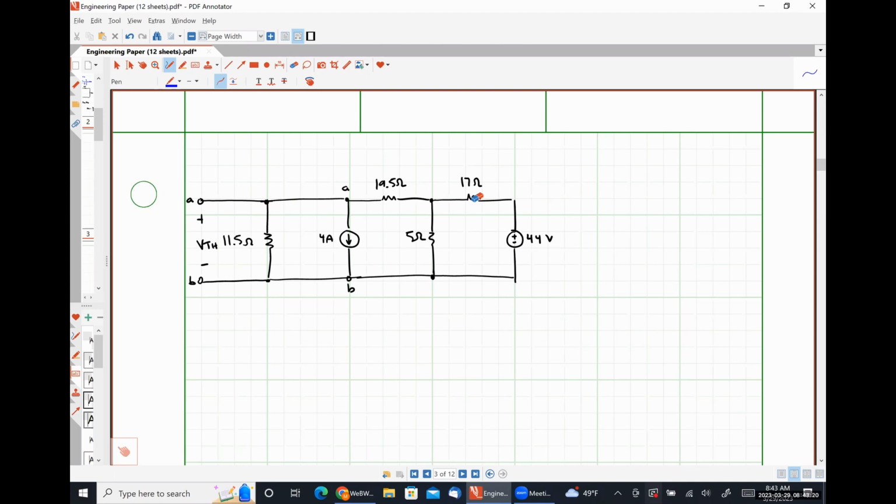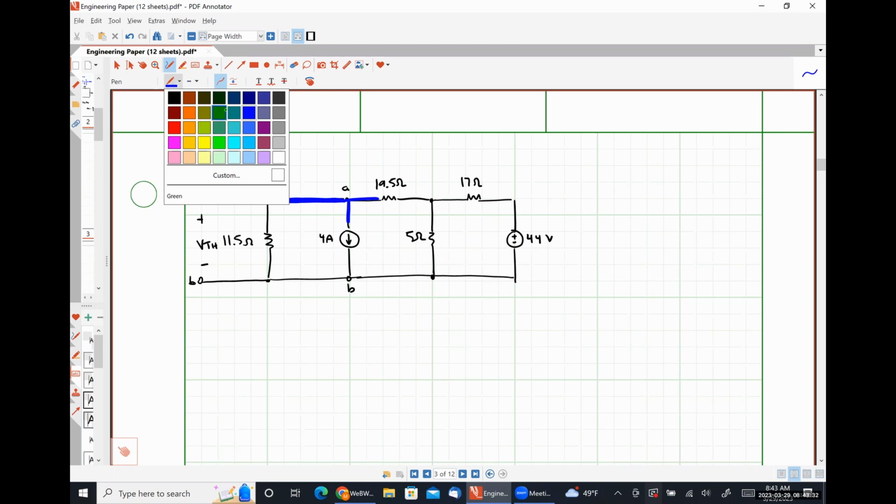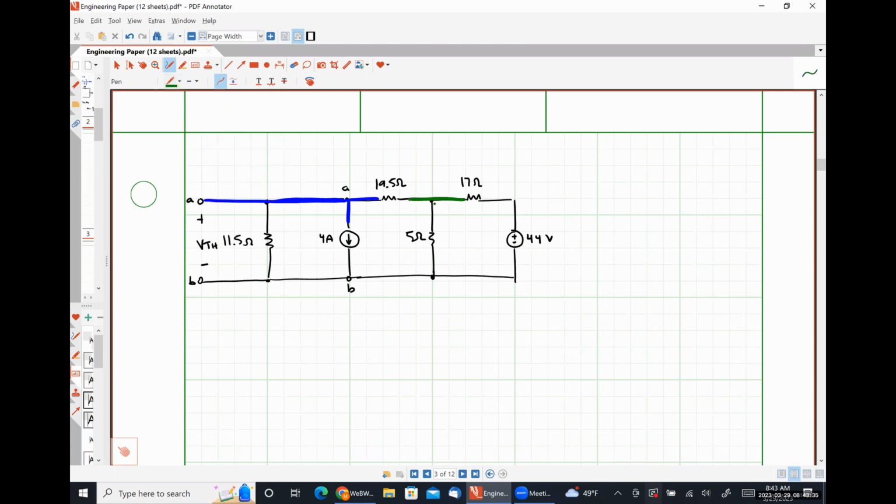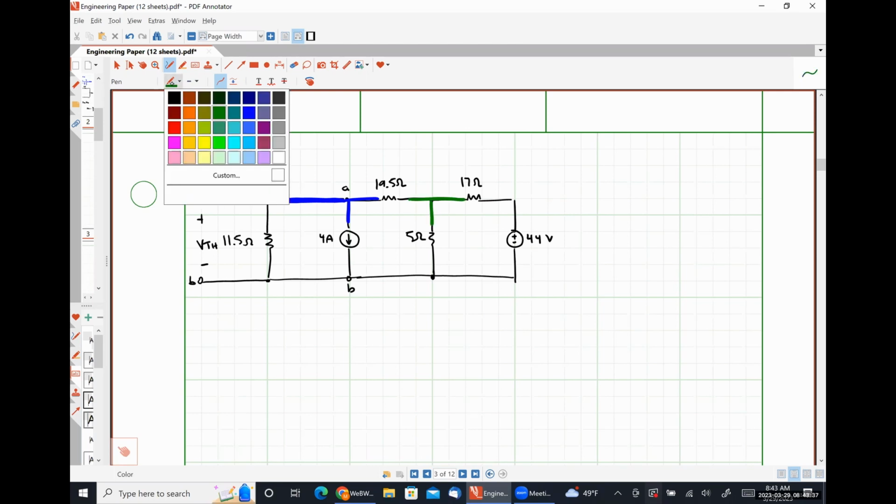So I'm going to identify my nodes here. Oops, not what I meant to do, but it'll be okay. So here's one node. Here's another node.